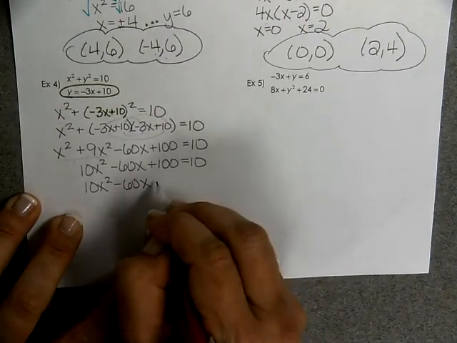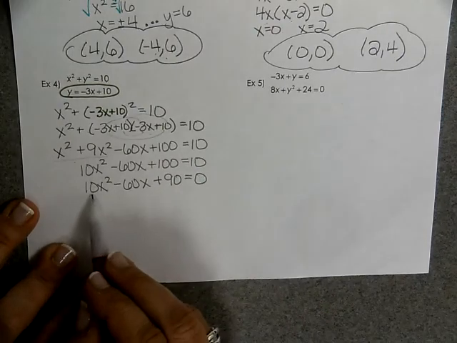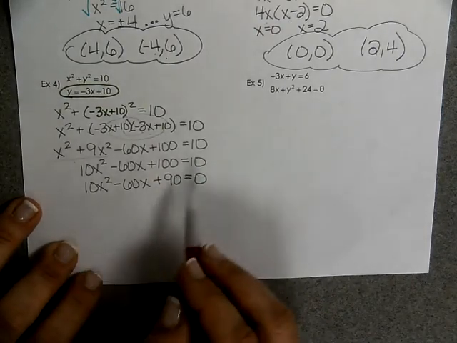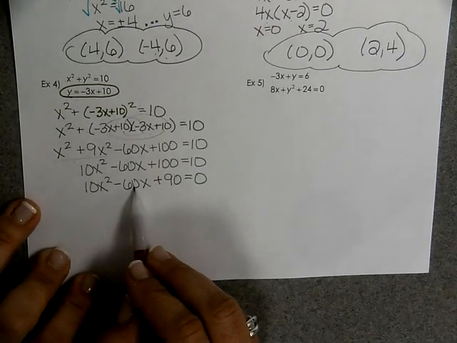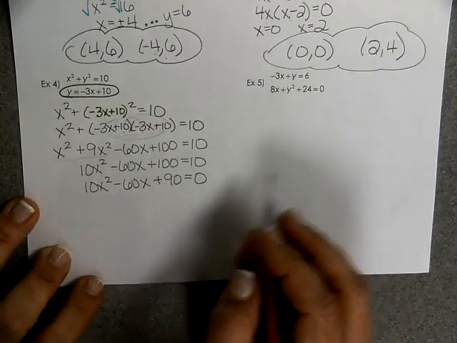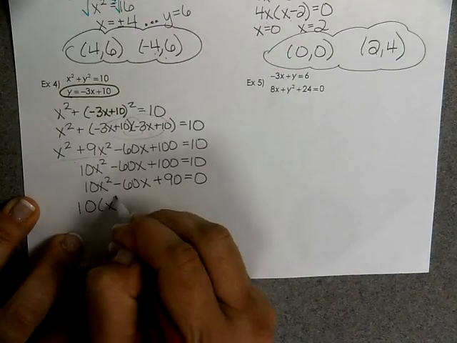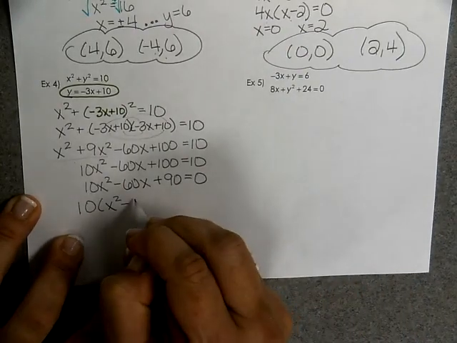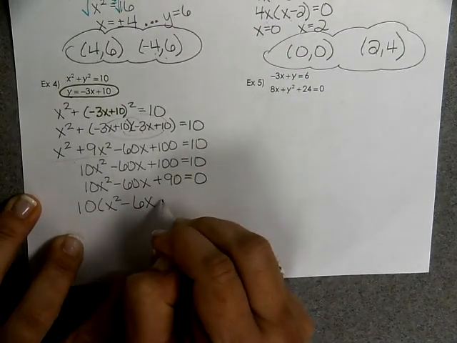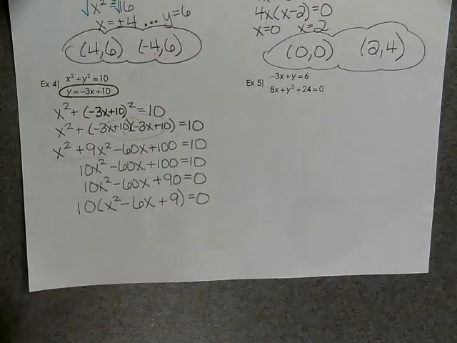So we could subtract 10, and so I end up with 10x squared minus 60x plus 90 equals 0. Well, those are kind of big numbers, but I noticed that there's a GCF I can take out. I can take 10 out of everything. That'll make things a little bit nicer. So I have x squared minus 6x plus 9 equals 0.